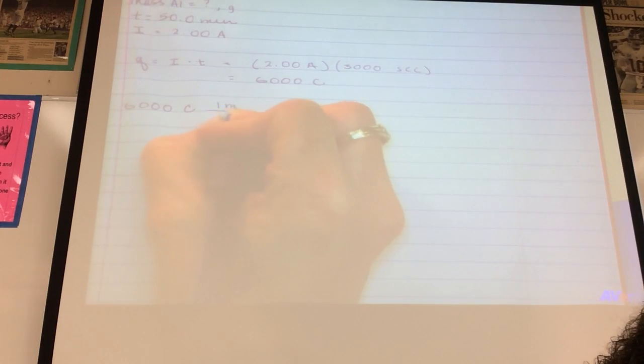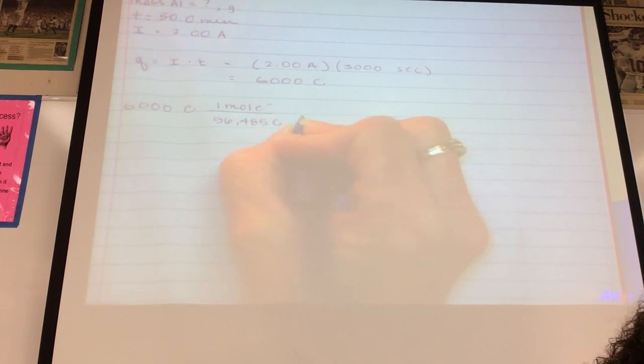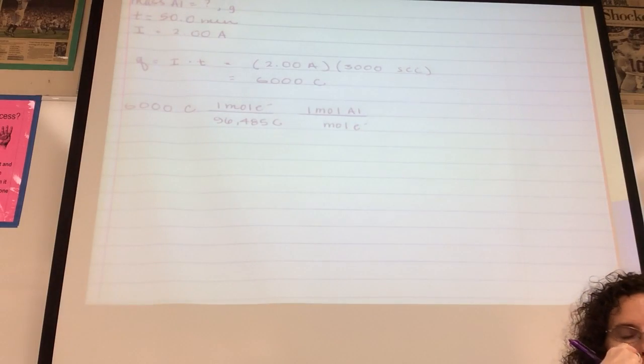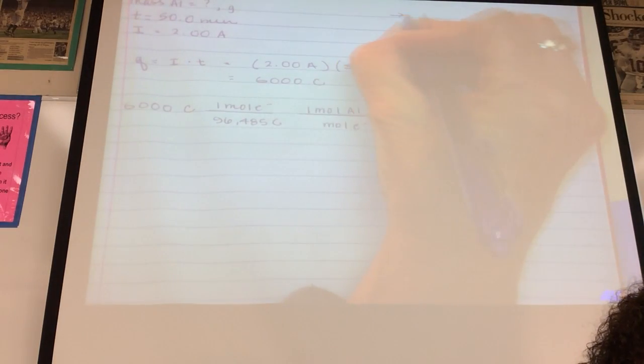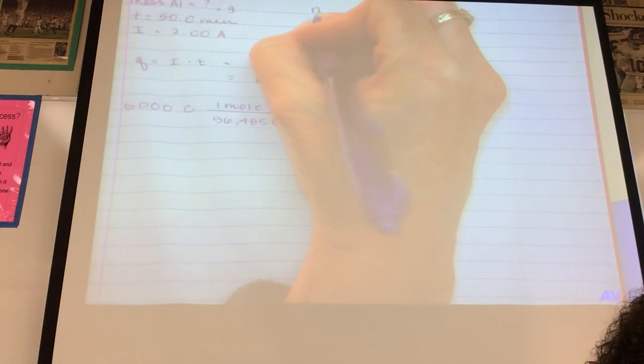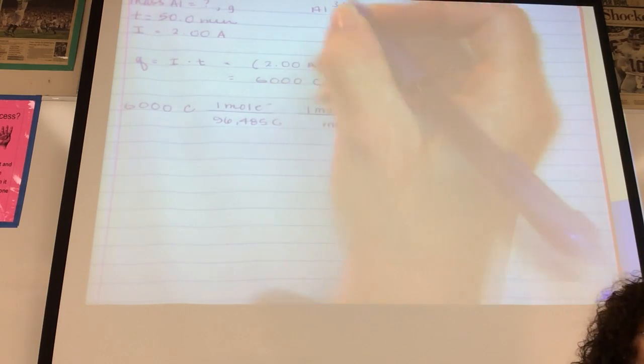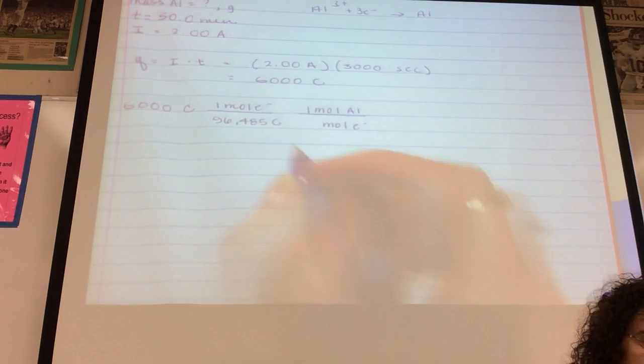For every 1 mole of electrons, I have 96,485 coulombs. For every 1 mole of aluminum, how many moles of electrons would we have? 3. Why would it be 3? Because of the charge. You got it. You know what the charge of an aluminum ion is.